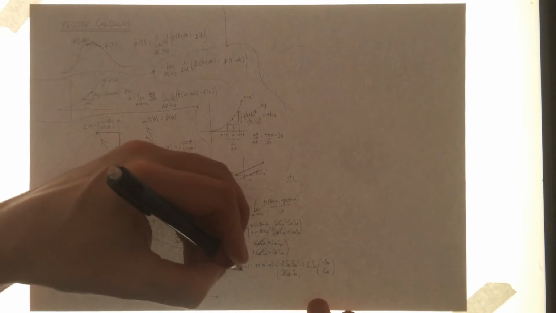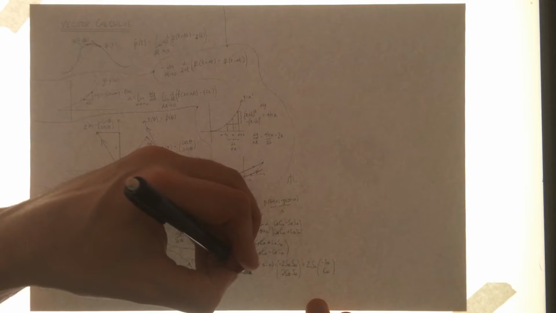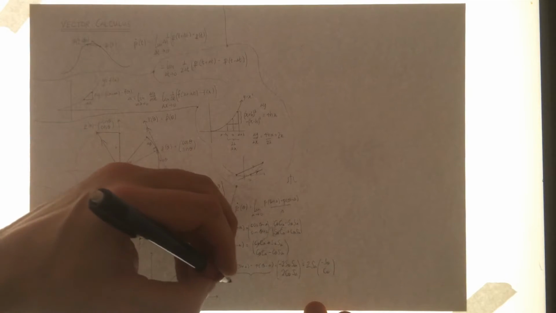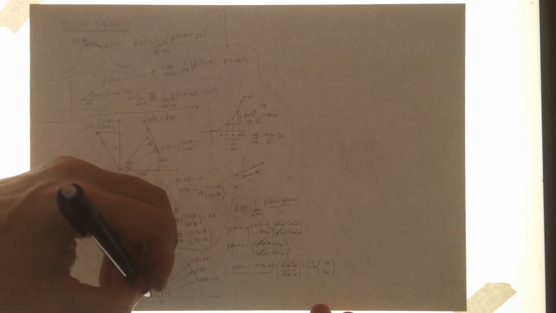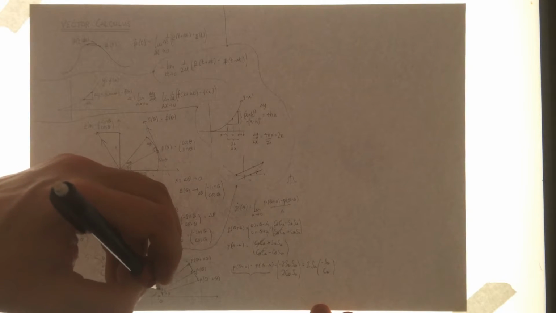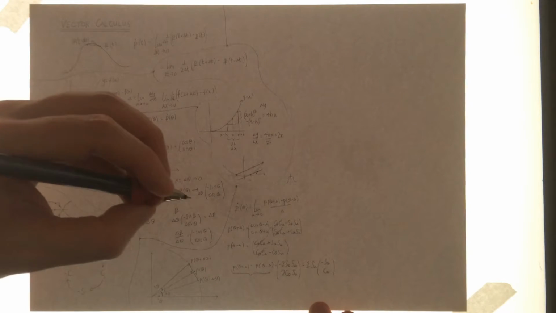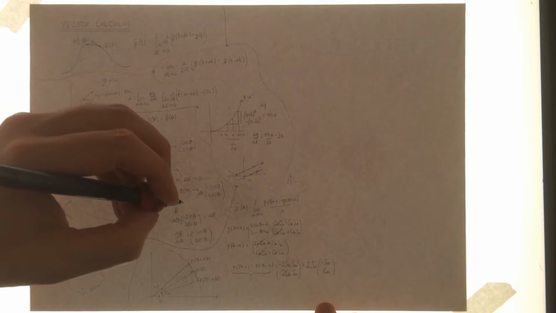Okay, so that was our change in P. And our change in theta was 2 delta theta. So I have to be careful of notation here.